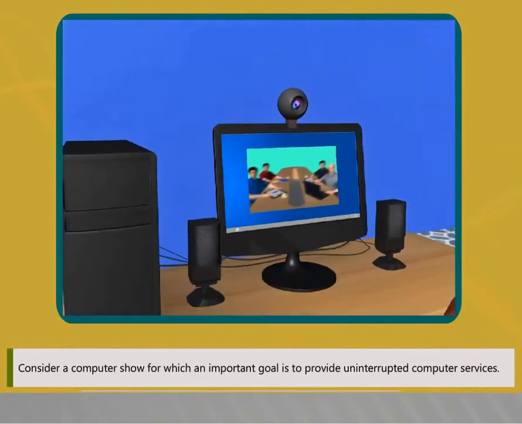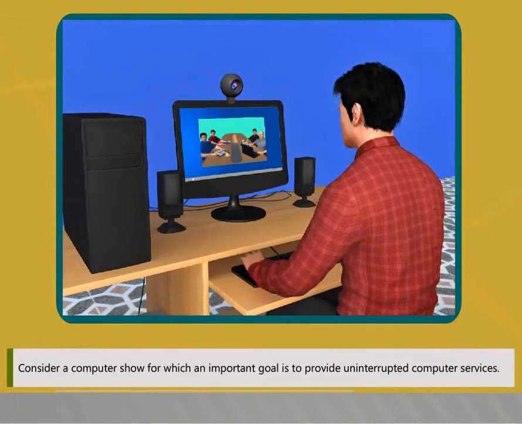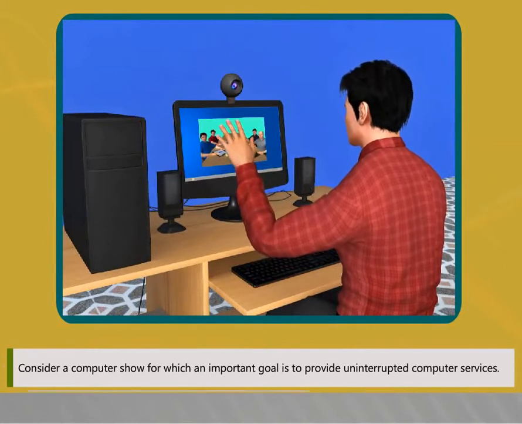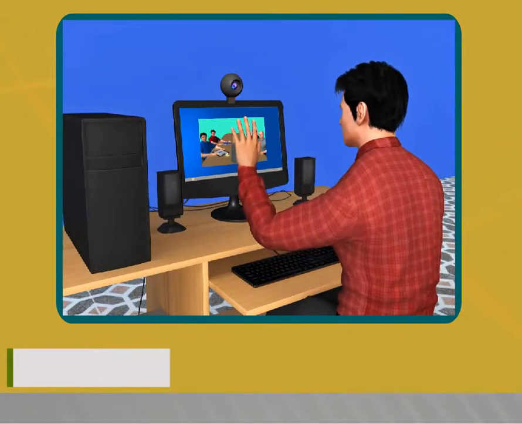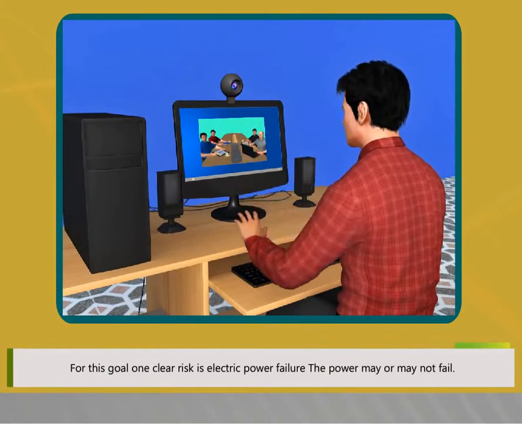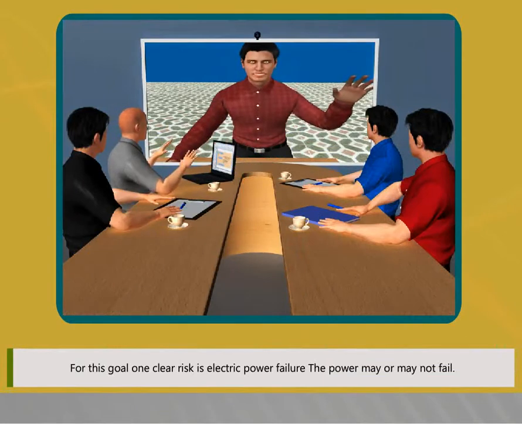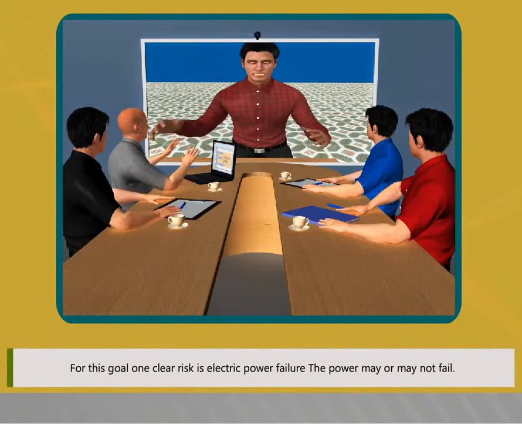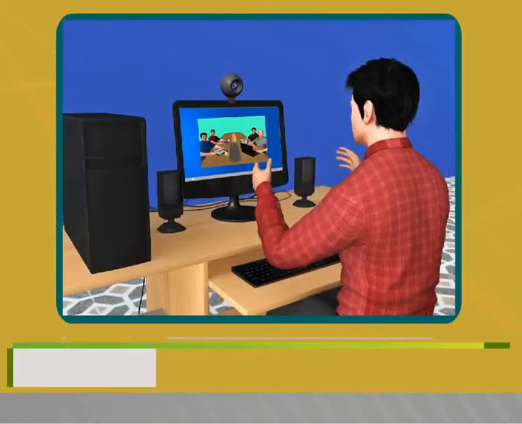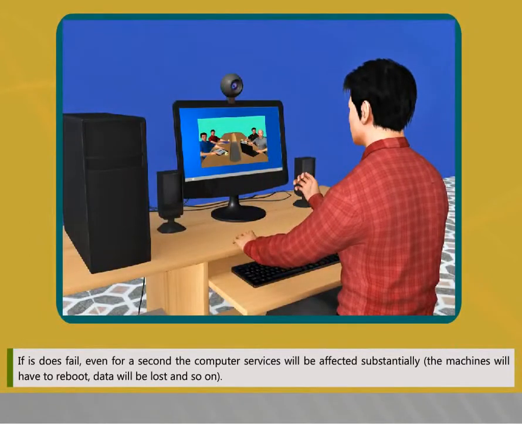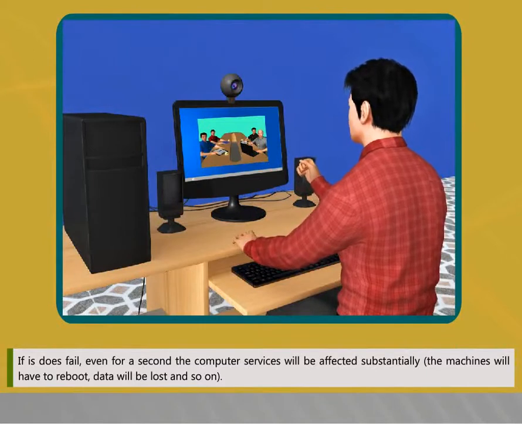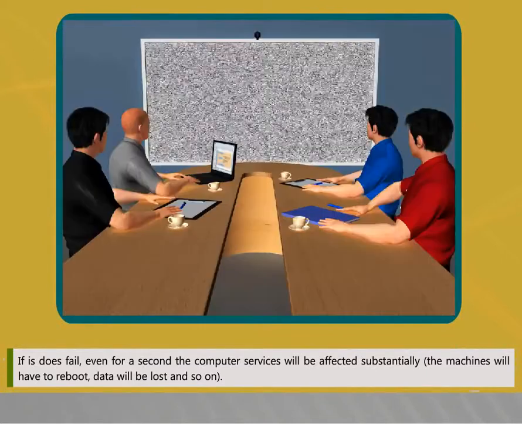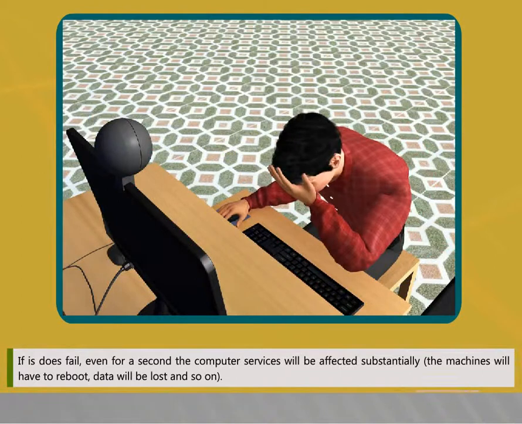Consider a computer show for which an important goal is to provide uninterrupted computer services. For this goal, one clear risk is electric power failure. The power may or may not fail. If it does fail, even for a second, the computer services will be affected substantially. That is, the machines will have to reboot, data will be lost, and so on.